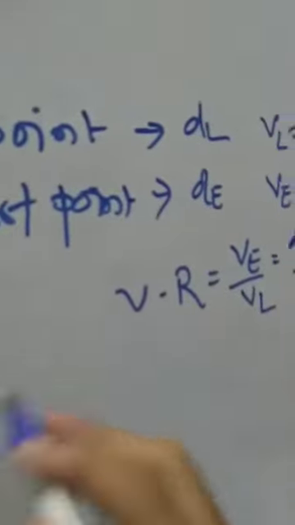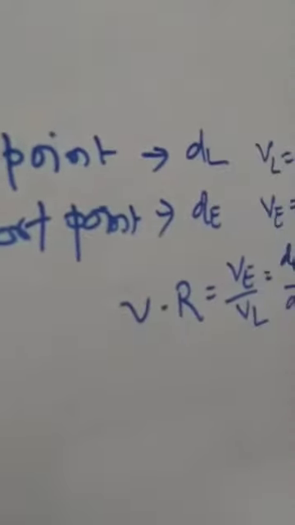Now, mechanical advantage I explained to you. I had explained to you the velocity ratio. Now the thing is that when we are applying the effort, the effort point gets displaced, and due to which the load also gets displaced. So both are the forces, and there is displacement of both the points, effort point and the load point.